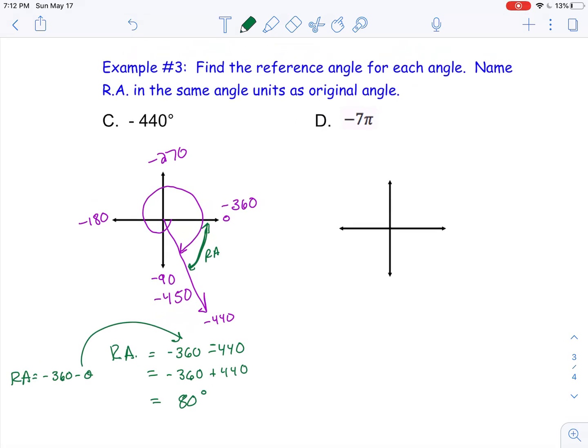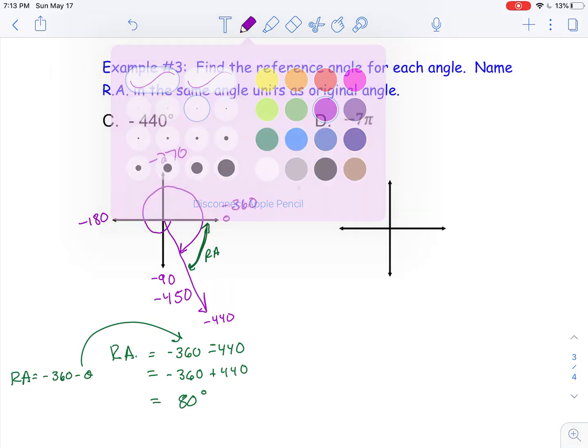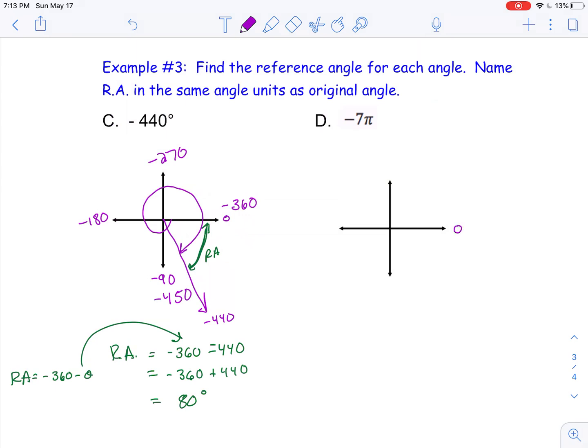And lastly, we're going to do another one. If I go negative 7 pi, so if this is 0, I'm going in the negative direction. This is negative pi. So I start at 0, negative pi, negative 2 pi, negative 3 pi, negative 4 pi, negative 5 pi, negative 6 pi, negative 7 pi.